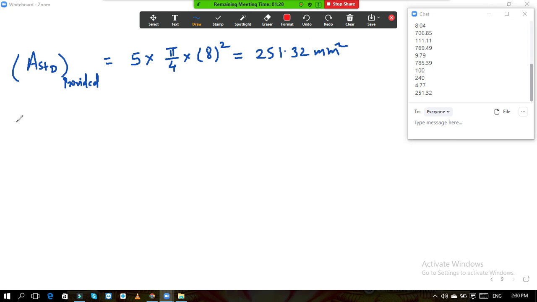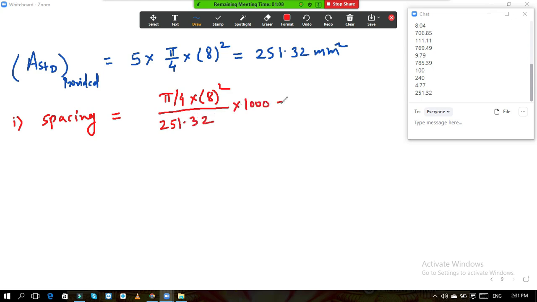So now spacing. Okay. So spacing by first criteria, spacing is equal to area of single bar divided by AST provided multiplied by width. Now tell me the spacing quickly. 200 mm.